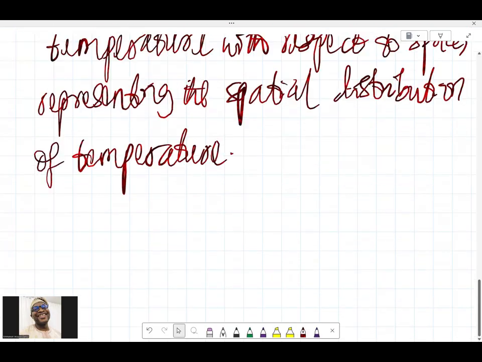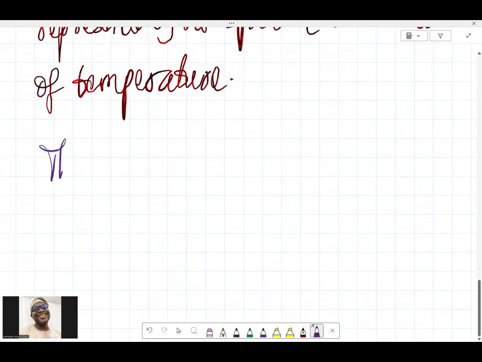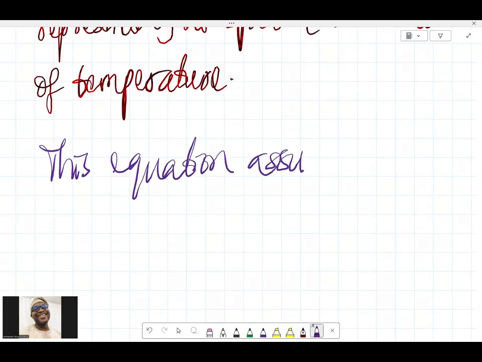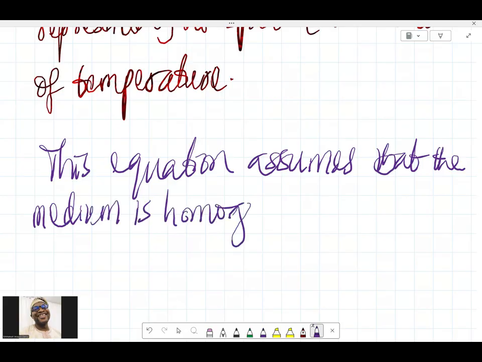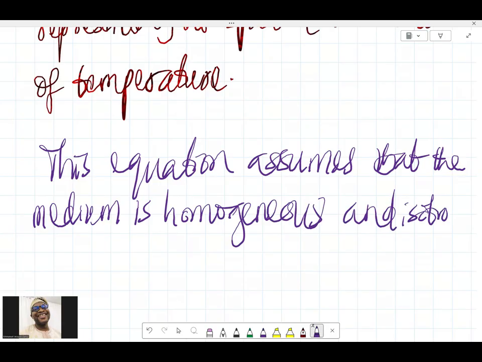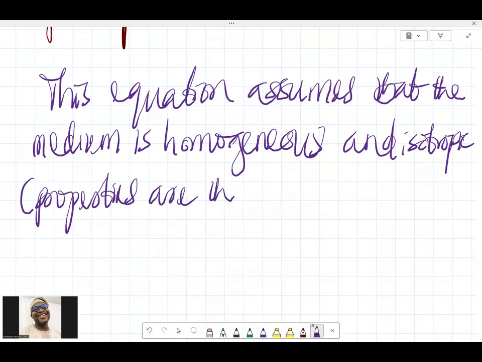Now this equation assumes that the medium, that is the medium in which heat is flowing, is homogeneous and isotropic. So isotropic means that properties are the same in all directions.